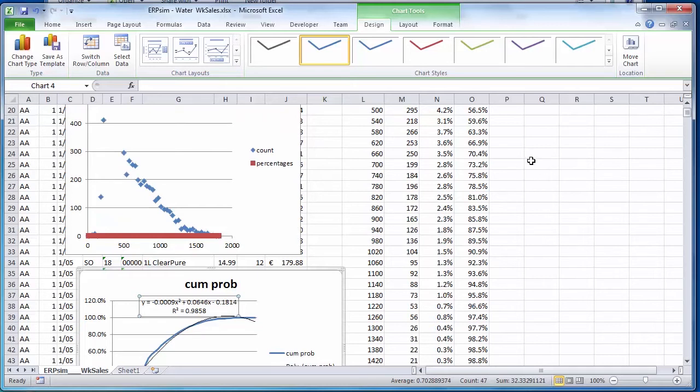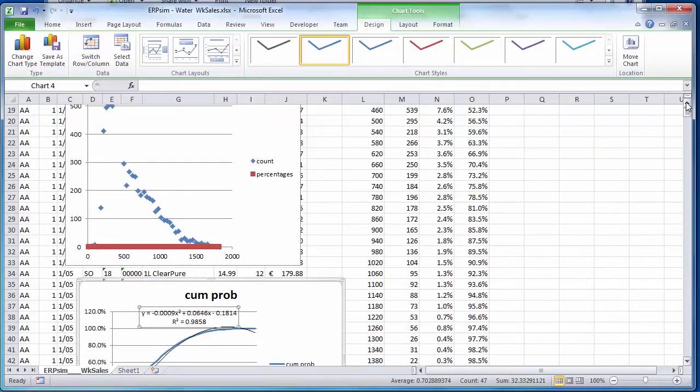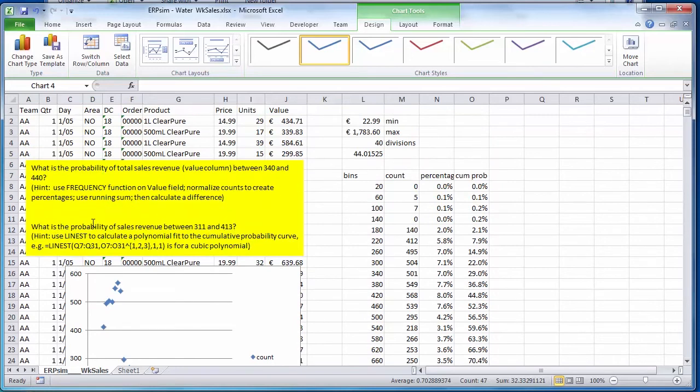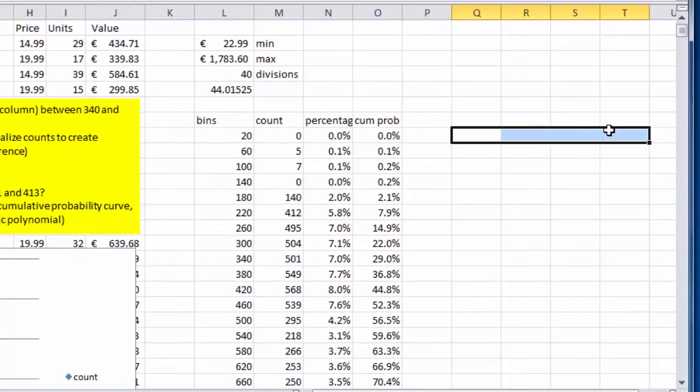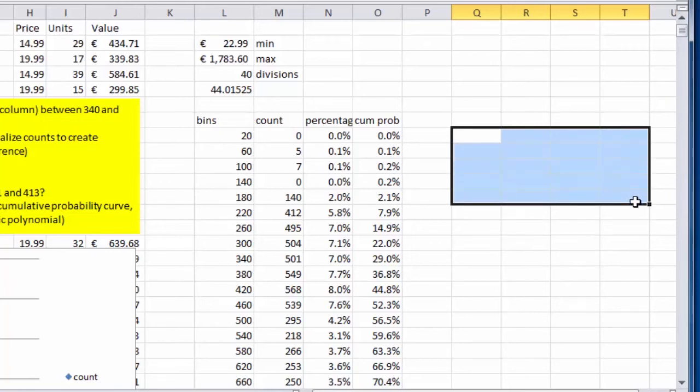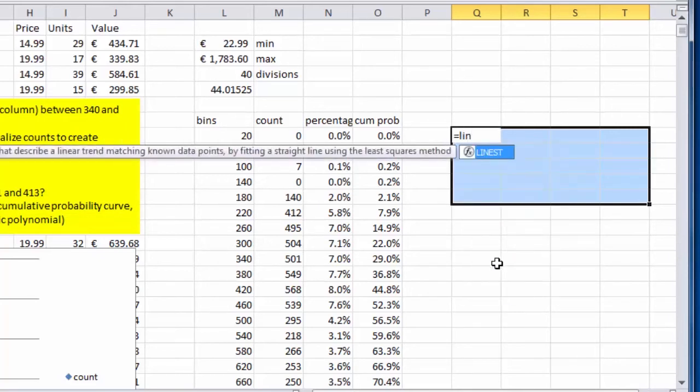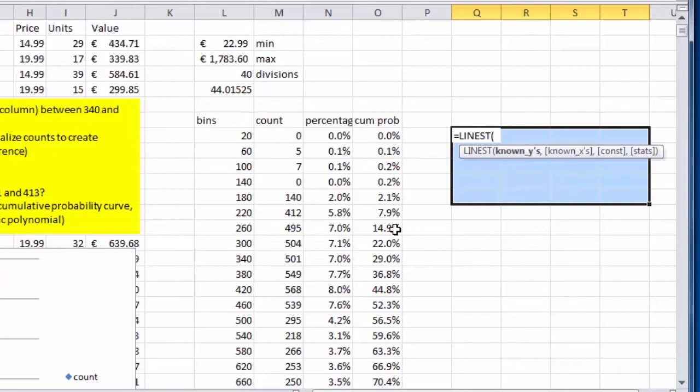So to make a cubic, I want to use this LINEST function, which is linear estimation, to calculate a polynomial. And so I'm going to select some data here. Let's see, there's the cubic, squared, x, constant, and some extra data. So I select all those cells, and I do linear estimation, and my y's are what I'm trying to predict.